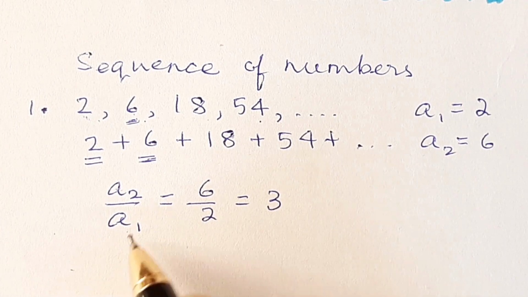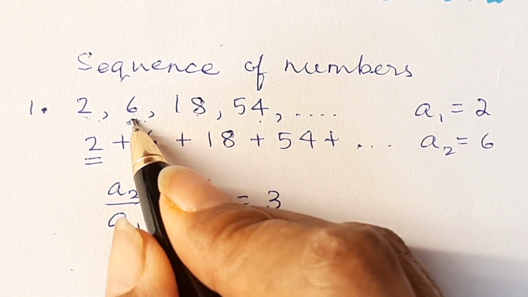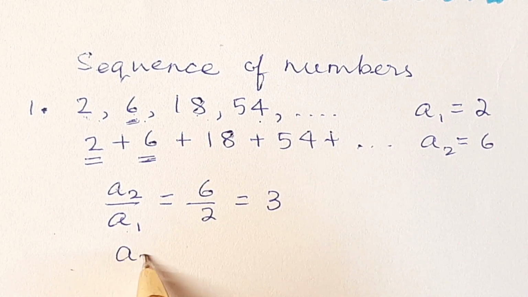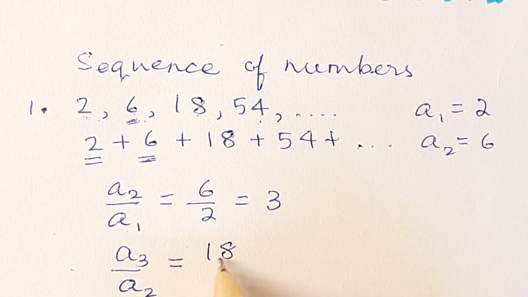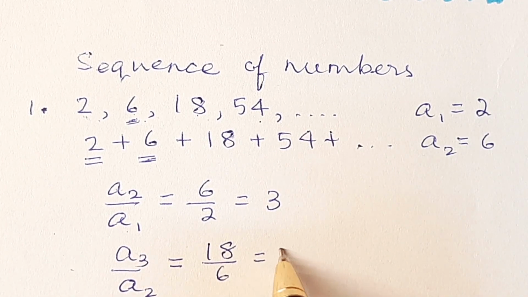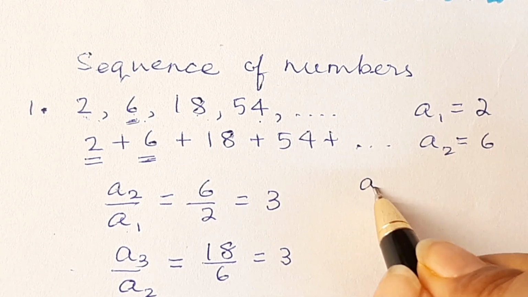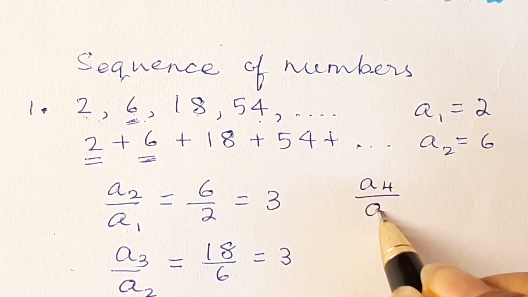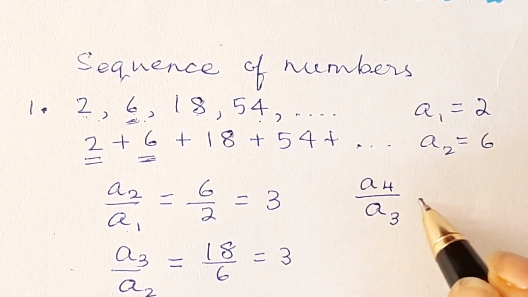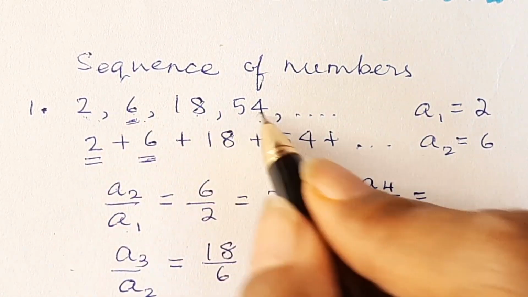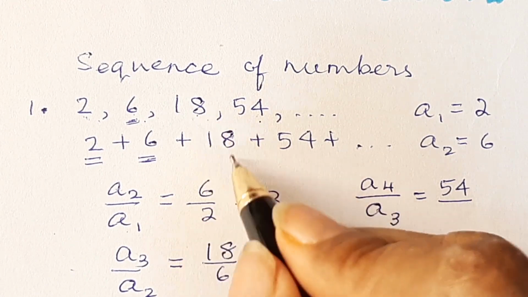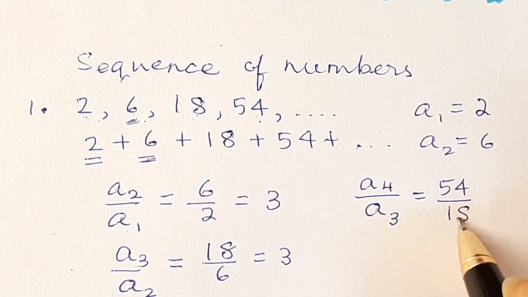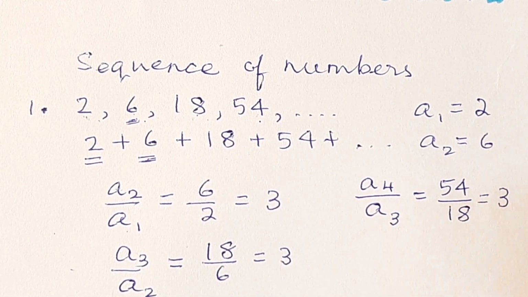Let us look at the third term upon the second term. So A3 upon A2 will be equal to 18 upon 6, which is again equal to 3. Shall we do this as well? A4 upon A3. A4 is the fourth term, 54, upon A3, which is the third term, 18, and that is also equal to 3.